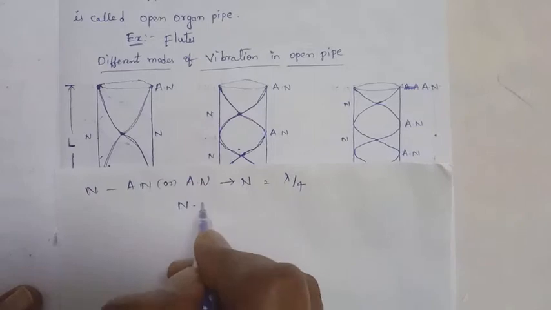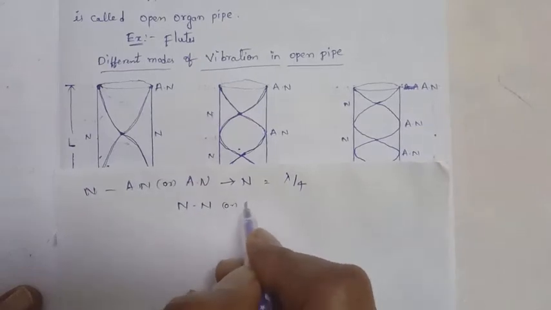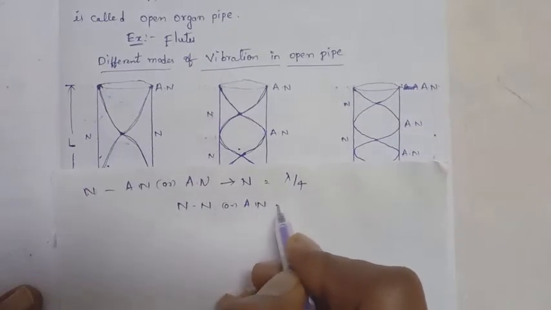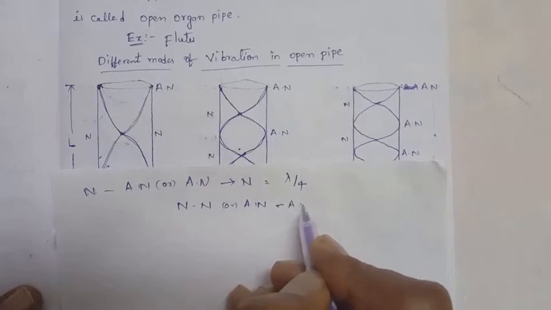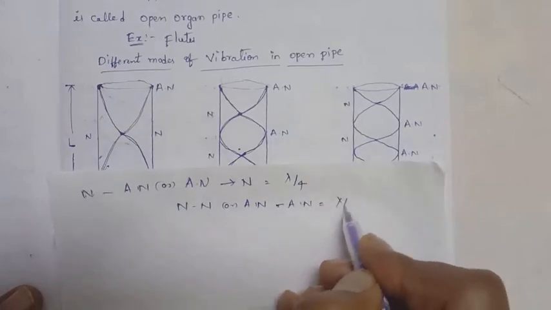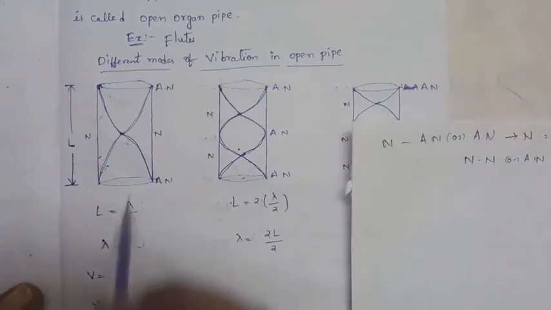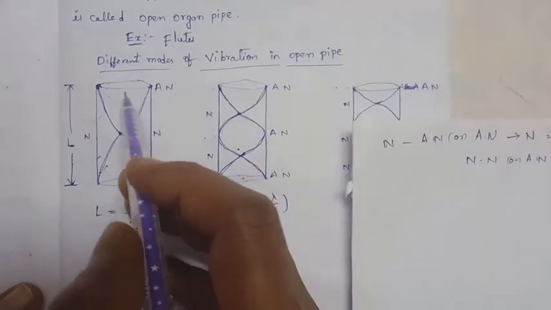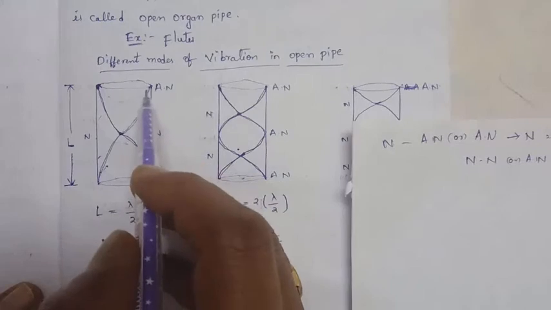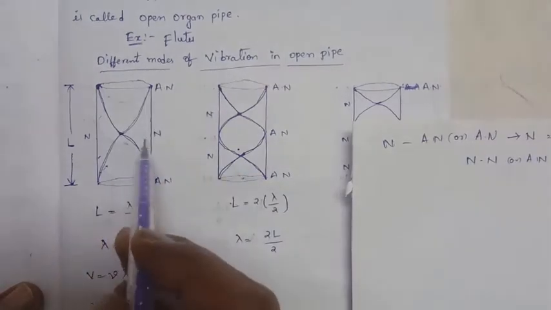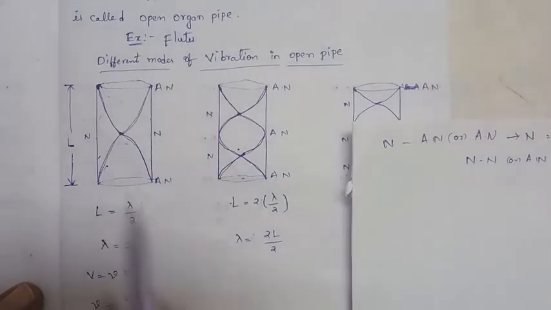But node to node or antinode to antinode, the distance is equal to lambda by 2. And at antinode the displacement is maximum; at node the displacement is minimum.